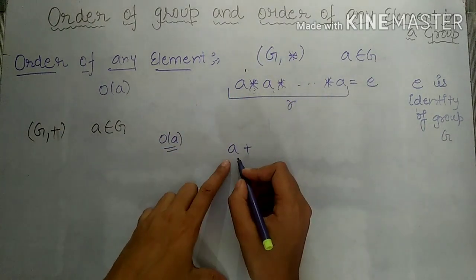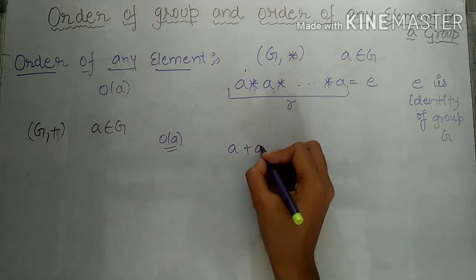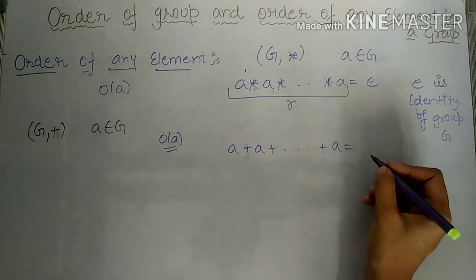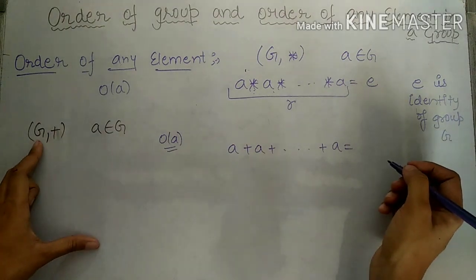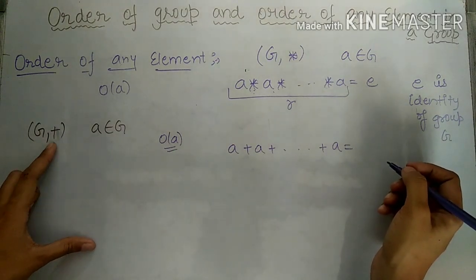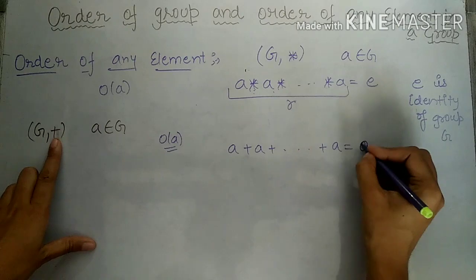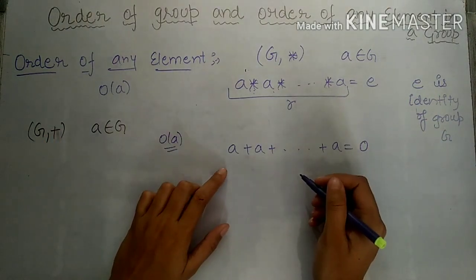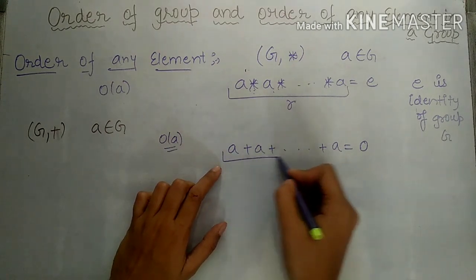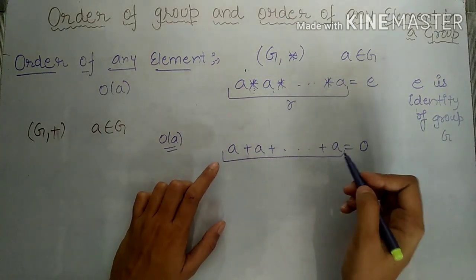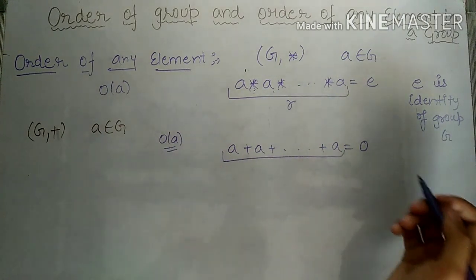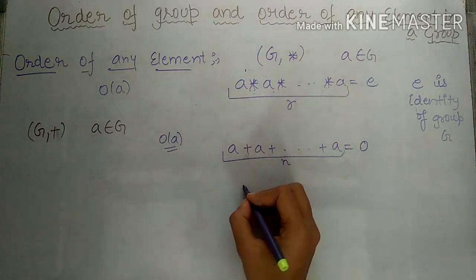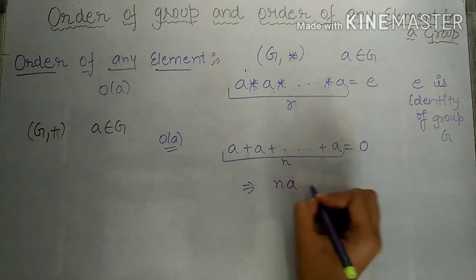So how many times is A to be added with itself so that it comes out to be the identity of the group G, and we know the identity in the group G with the operation of addition is 0. So we can say it is the least number of times A is to be added with itself so that it comes out to be 0. Or if we are adding it n times, then it can be written like this: na is equal to 0.